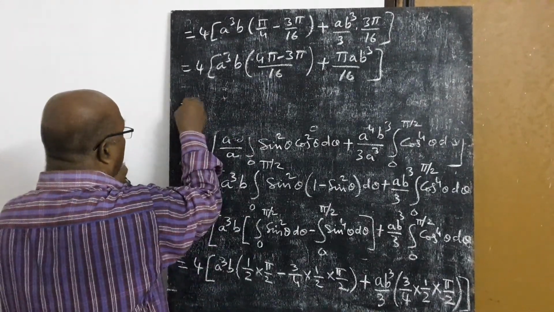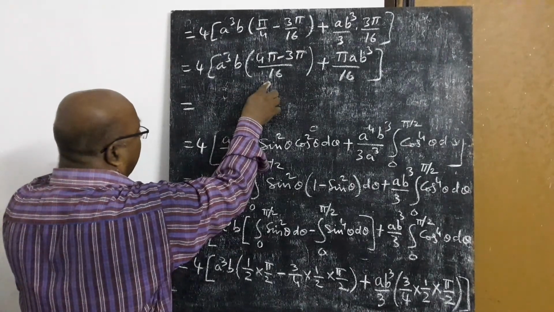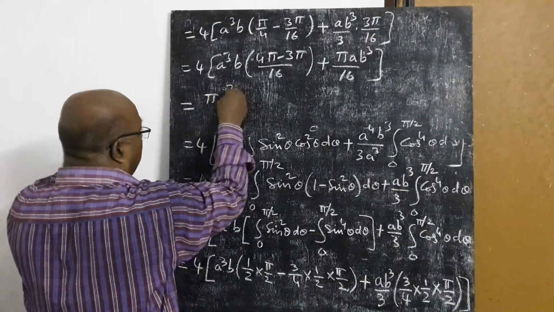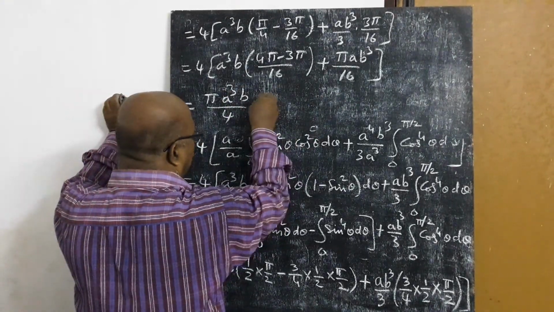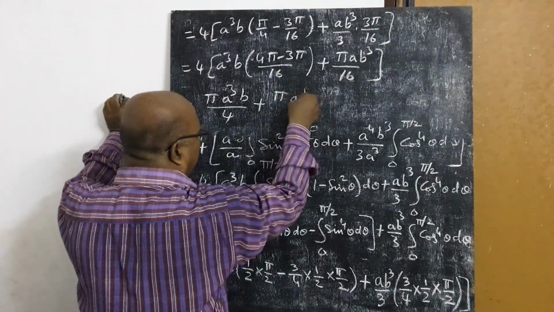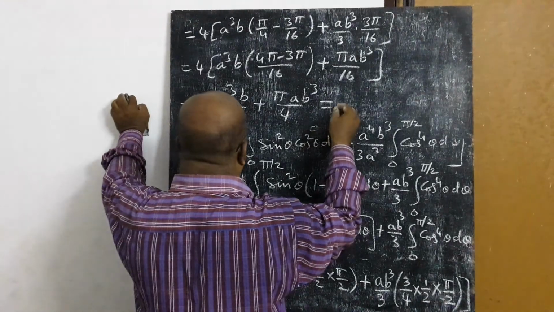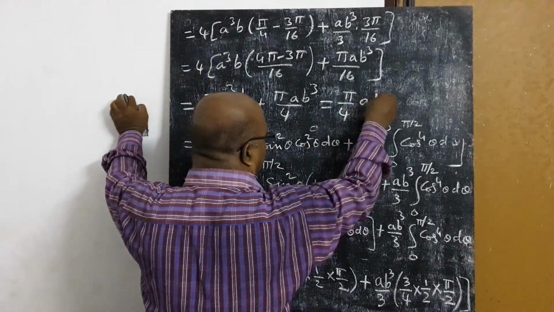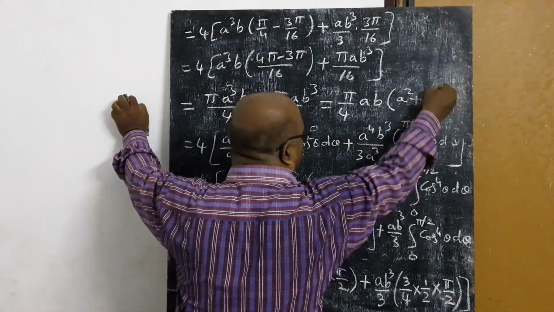Here 4 cancel, here 4 times 4 pi minus 3 pi, a cube b by 4. Here 4 cancel, pi ab cube by 4. You take common pi by 4 ab. We get a square plus b square.